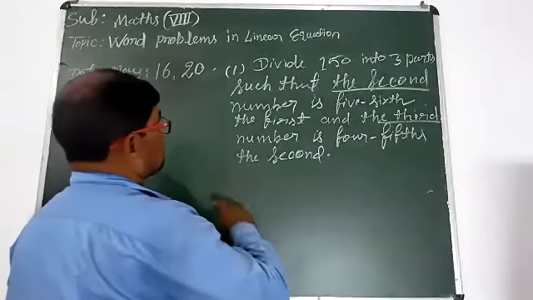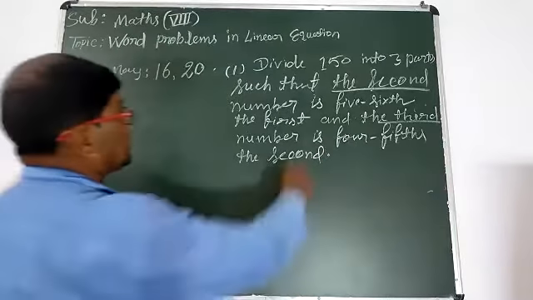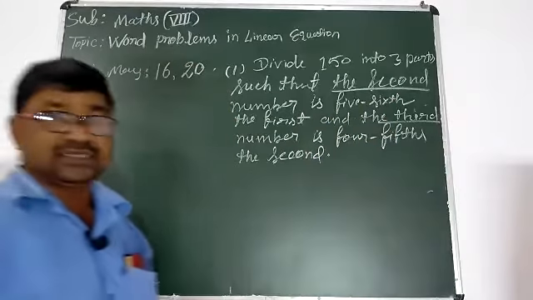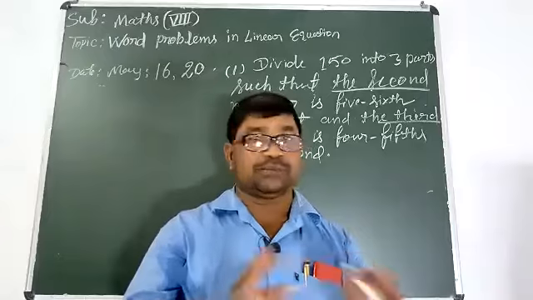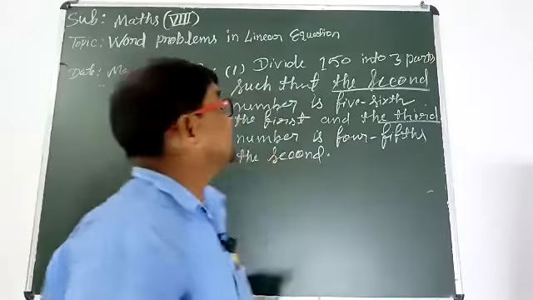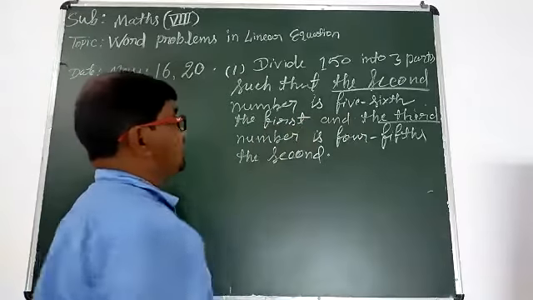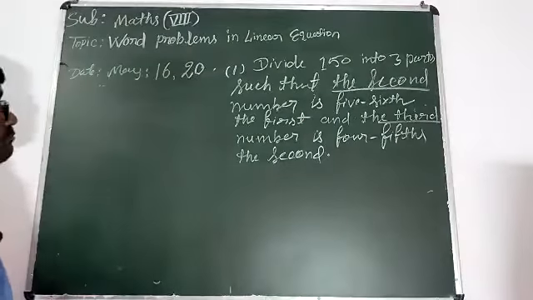So, in this way, we should start the sum from the first number, because the second number is 5/6 of the first number. Understood? The number is 150. You are going to divide it into 3 parts. So we should start the sum from the first number.